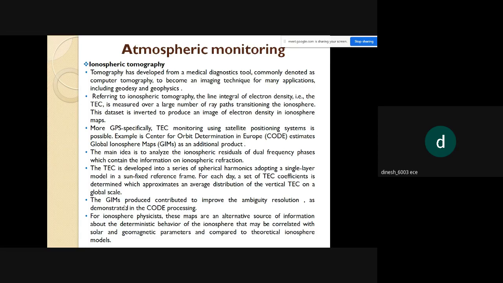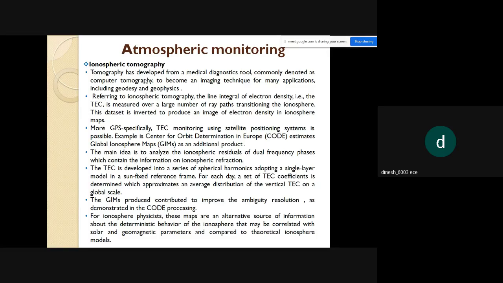In order to monitor the ionospheric effects and tropospheric effects, a system was developed as a diagnostic tool, which is called ionospheric tomography.